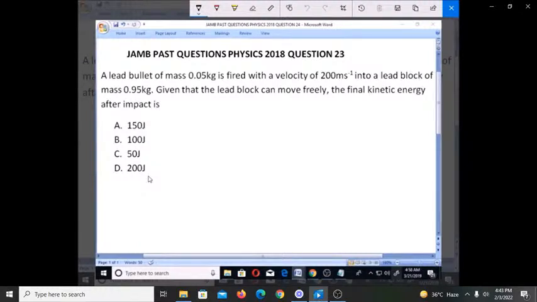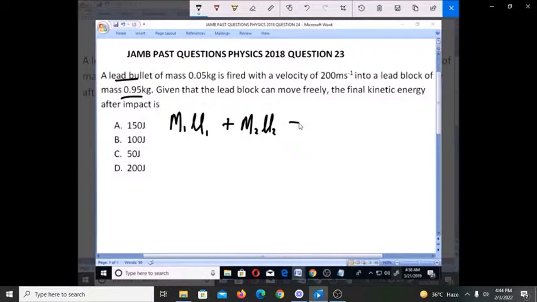Whenever you hear impact due to firing, you'll be having the initial mass of the lead bullet, M1, multiplied by its velocity, U1, plus the mass of the block onto which it is making impact, M2, multiplied by its velocity, U2, before the impact.